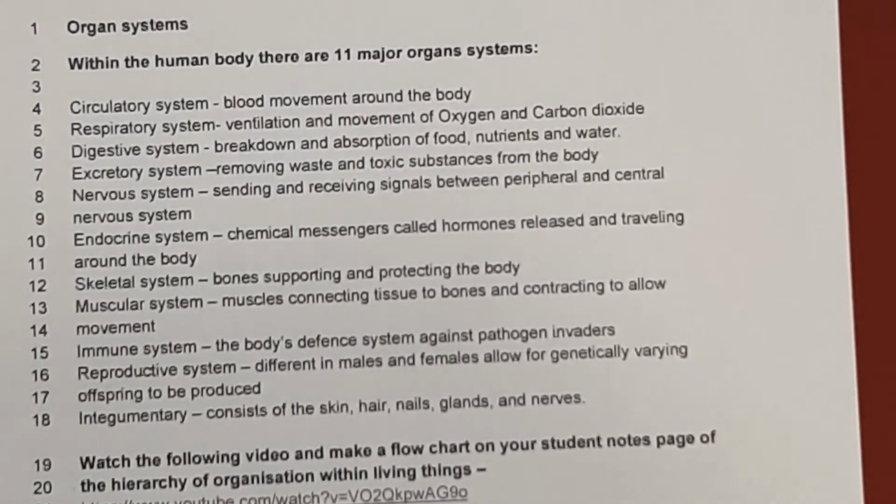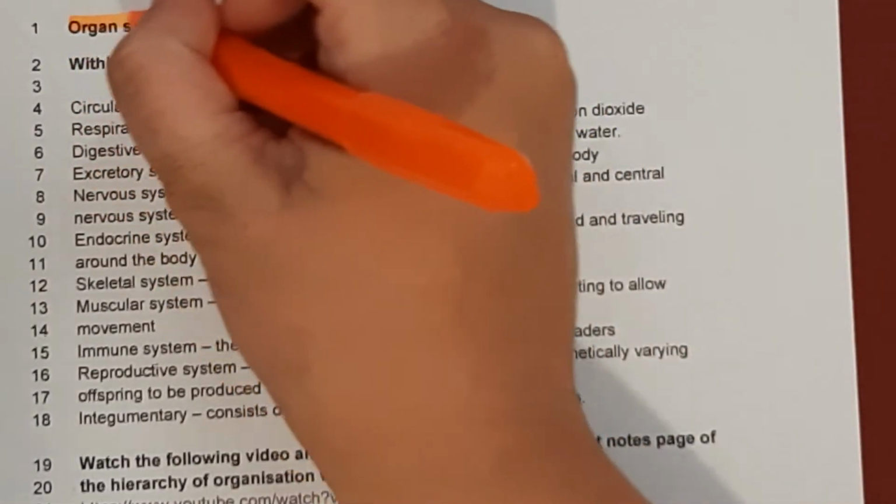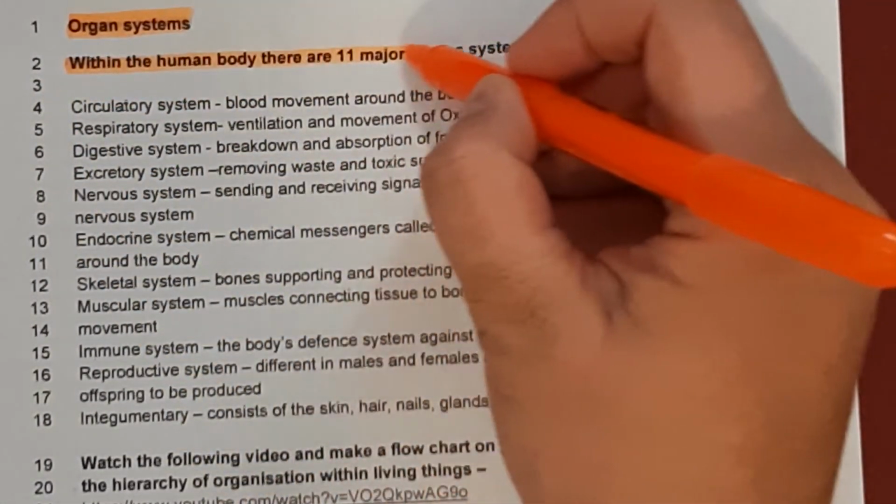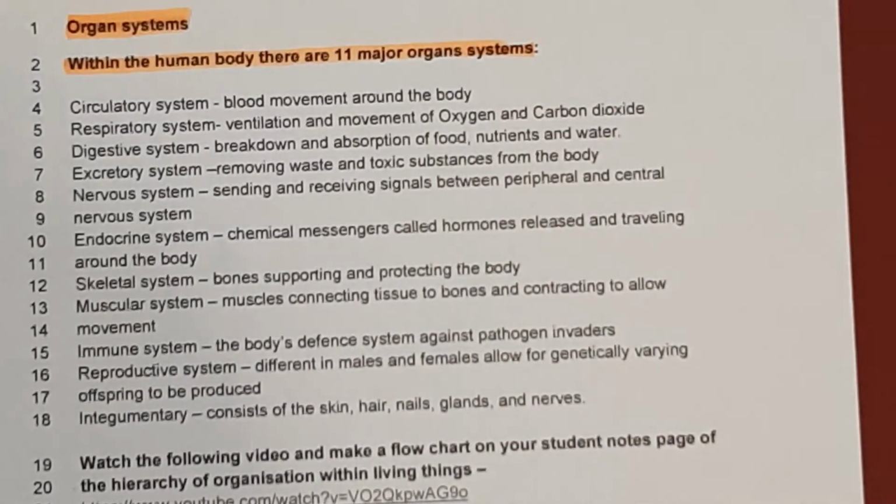Okay, so we're moving on to page 9 now, onto organ systems. So within the human body there are 11 major organ systems, and you'll need to know this. This is a list you need to learn, and you need to be able to give a brief explanation of what each system does and some examples of organs or tissues that you might find in that system.